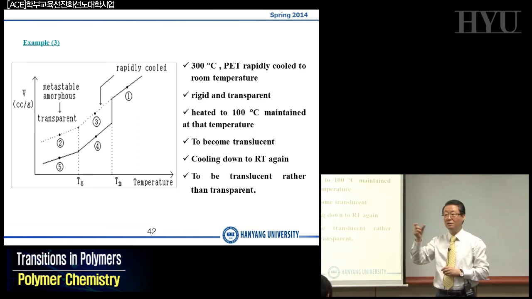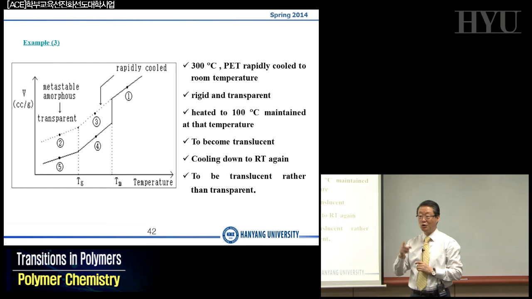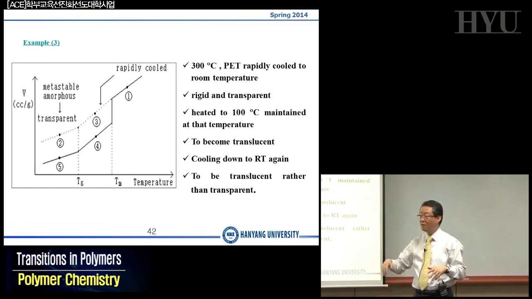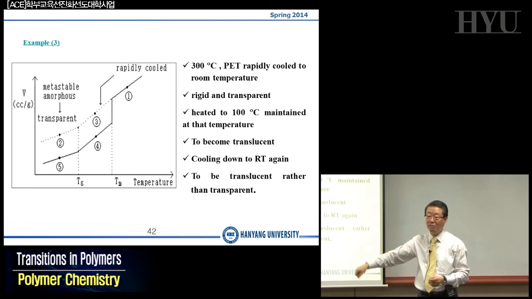If you look at the vending machines, they take Coca-Cola or those soft drinks, and these soft drinks are stored in a box, or could be wrapped with a film.